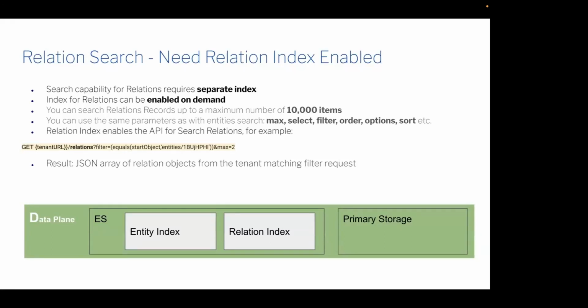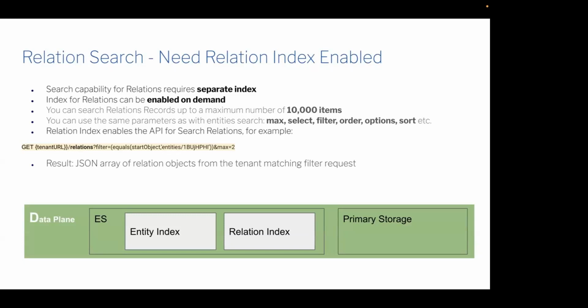Elasticsearch would contain different indexes for the entity index and the relation index. Entities and relations are tracked separately, updated separately, and interact with primary storage separately, and you need to enable it specifically on a tenant. It's not enabled by default, it is enabled on demand.